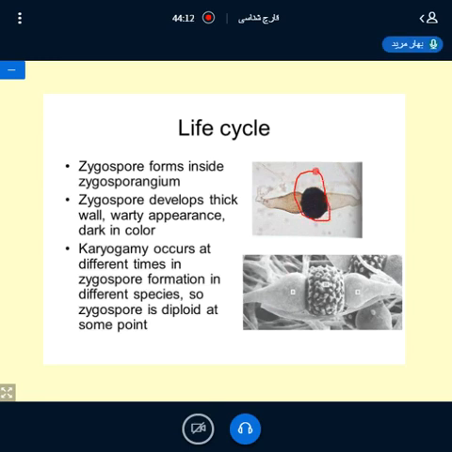This is a thick wall spore that is called zygospore. This is a resting spore. Zygospore forms inside zygosporangium. Zygospore develops a thick wall, warty appearance, dark in color. Karyogamy occurs at different times in zygospore formation in different species, so zygospore is diploid at some point.